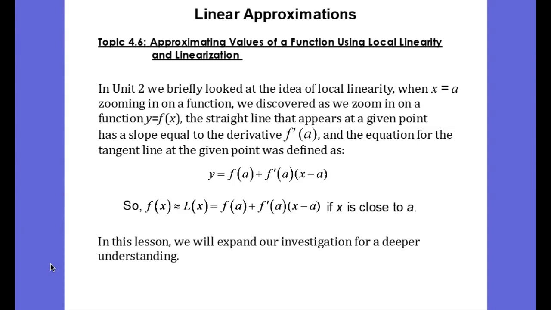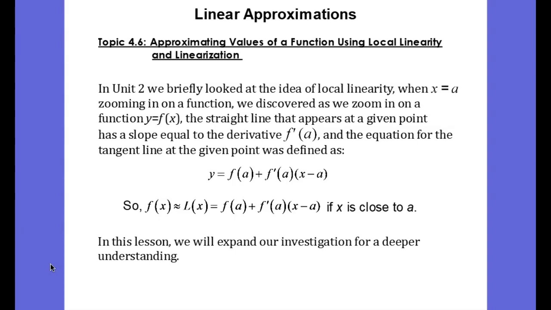In Unit 2, we briefly looked at the idea of local linearity when x equals a. Zooming in on a function, we discovered that as we zoom in on a function y equals f of x, the straight line that appears at a given point has a slope equal to the derivative f prime of a.